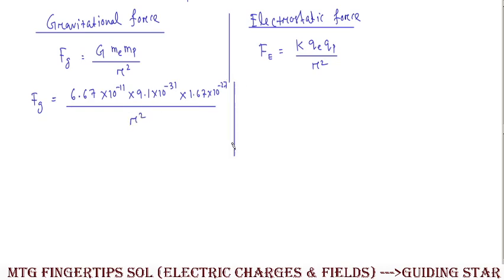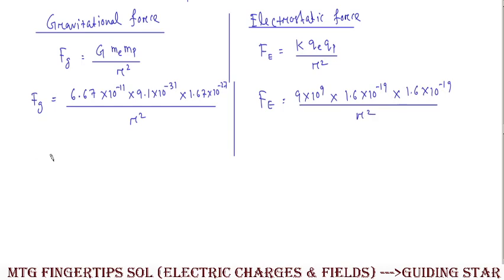And similarly, the electrostatic force comes out to be 9 into 10 to the power 9, charge of electron 1.6 into 10 to the power minus 19, charge of proton, the same 1.6 into 10 to the power minus 19, divided by r square.